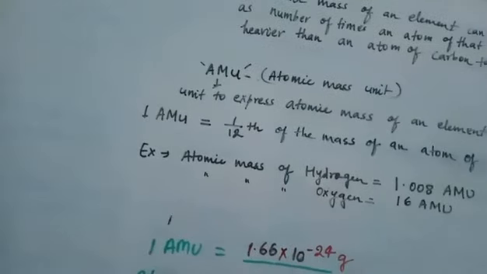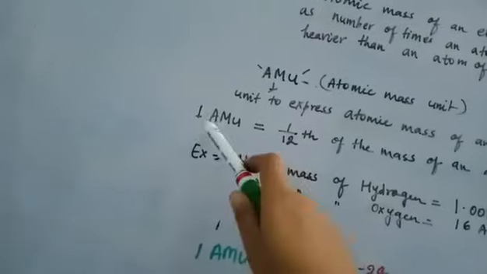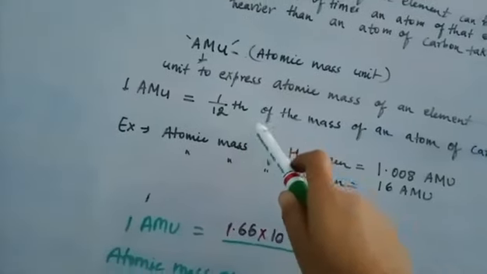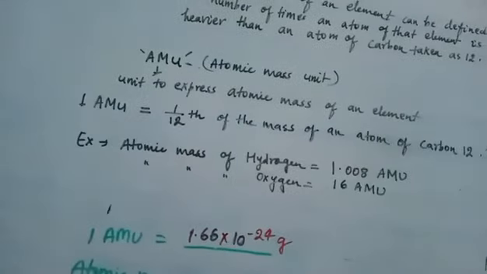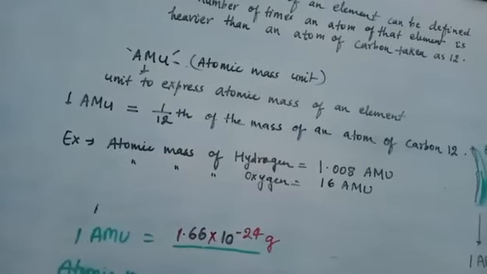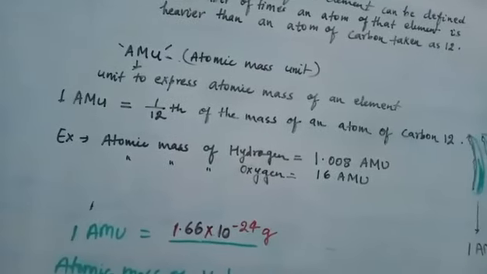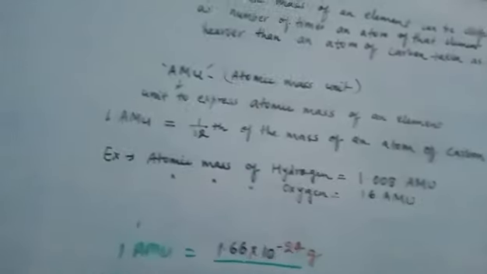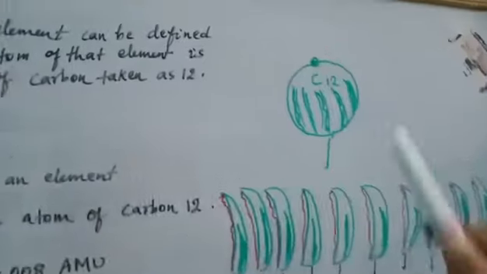Now what is 1 AMU? 1 AMU means 1/12 the mass of an atom of carbon 12. So you have one atom of carbon 12, and if you divide it into 12 equal parts, then each part is 1 AMU. We can take an example of a watermelon.